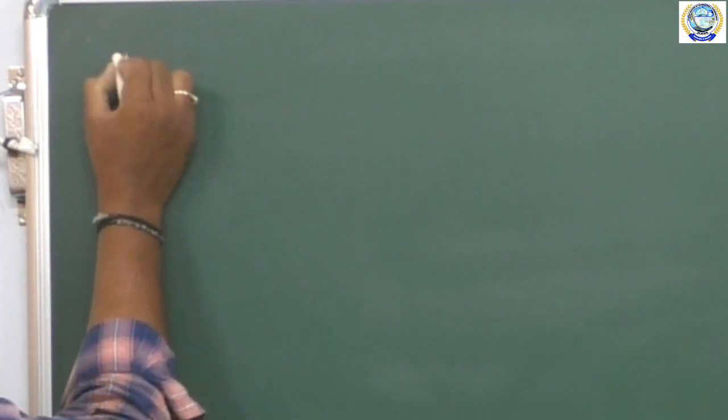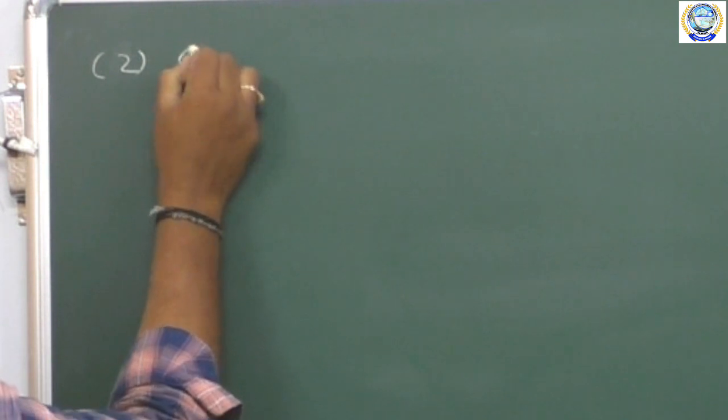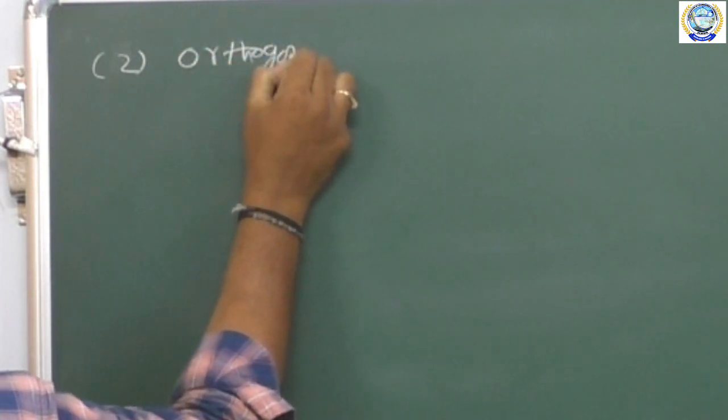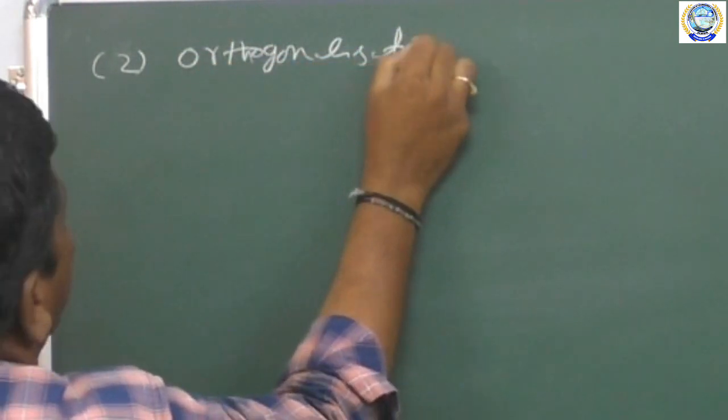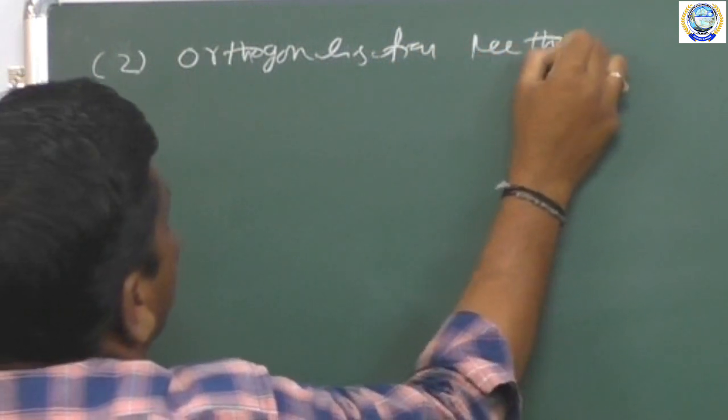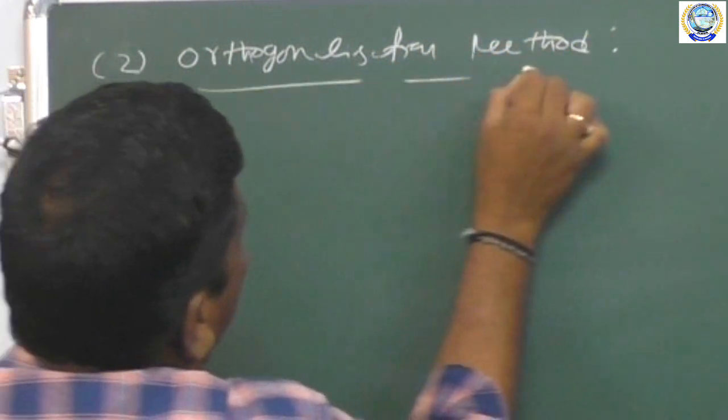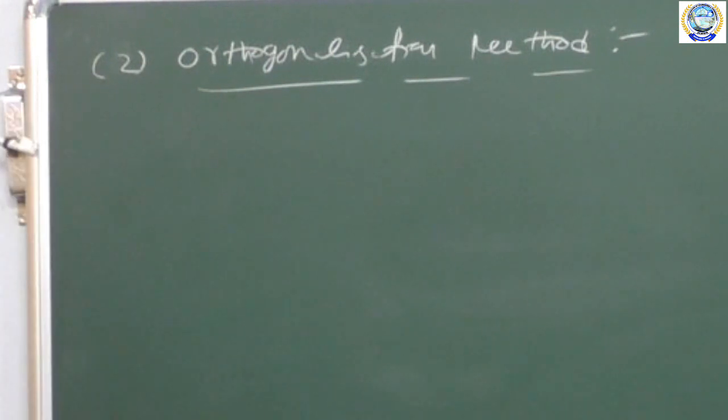Next, we'll go to the second method, the orthogonalization method. How to reduce the given quadratic form into a canonical form by using the orthogonalization method.